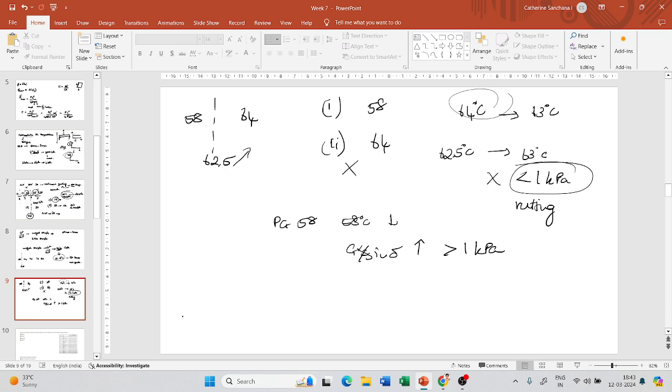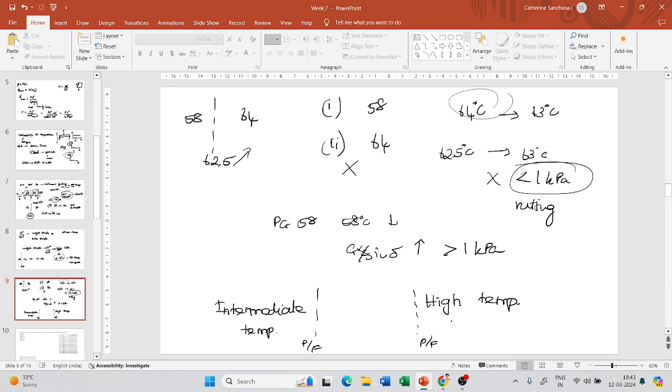So what did we see for intermediate? So it is like this, okay? High temperature, intermediate temperature.